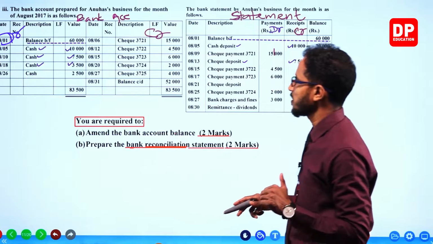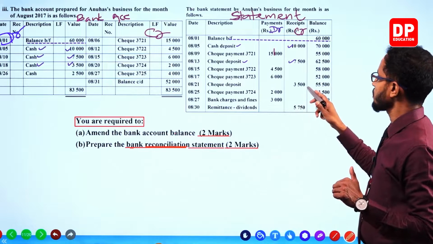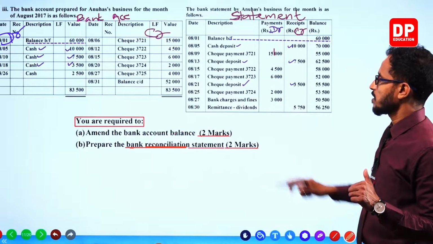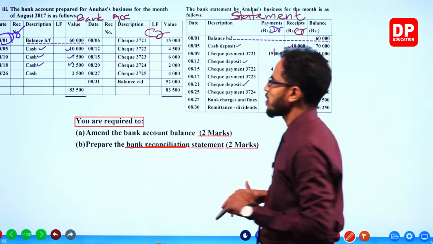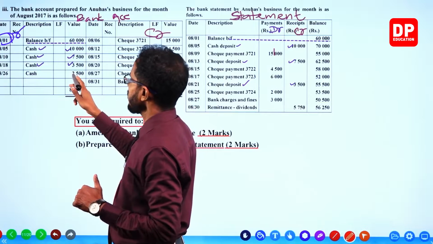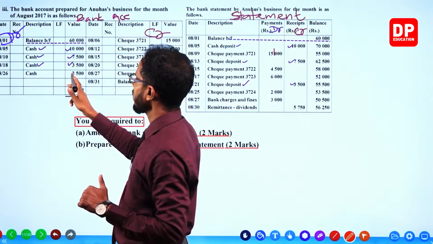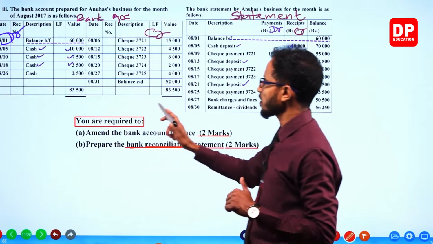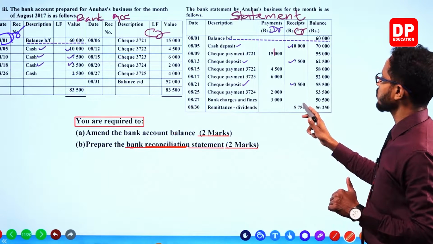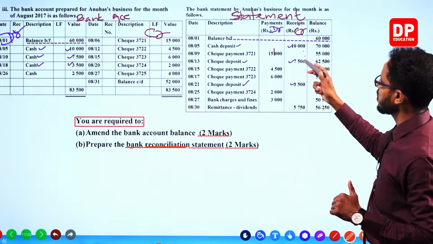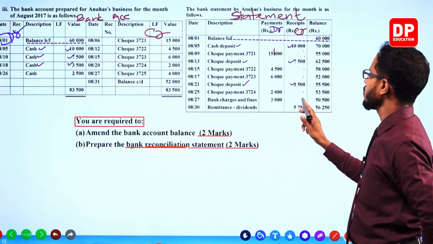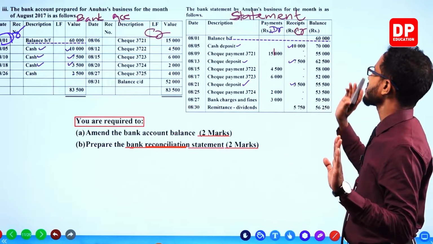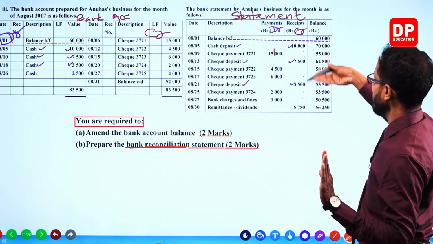That is in the bank statement, credit, no problem. Last one, 2,500 is in our bank account, debit. Is it in the credit side? No, 2,500 is not in the credit side of the statement.